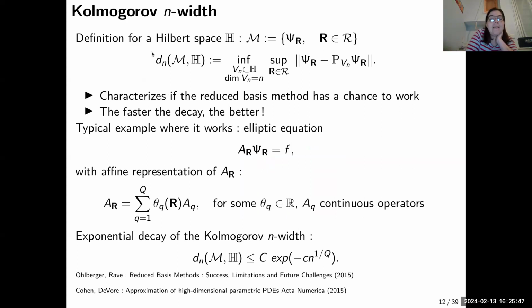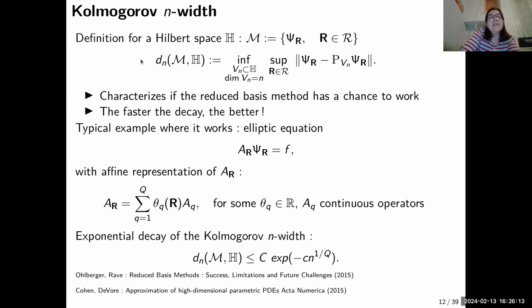And here, this quantity, the n-width of M_h, encodes how well I can approximate solutions belonging to the solution set by elements belonging to some small dimensional subspace, the dimension of which is equal to small n.